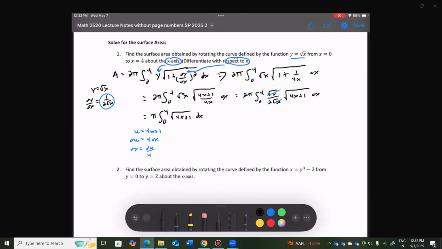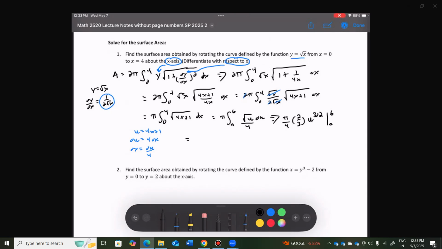So this becomes pi from a to b square root of u du over 4. And so when we integrate this, we'll get pi over 4 times 2/3 u to 3/2, integrating from a to b. And then we'll bring in our u so we can bring in our limits again.